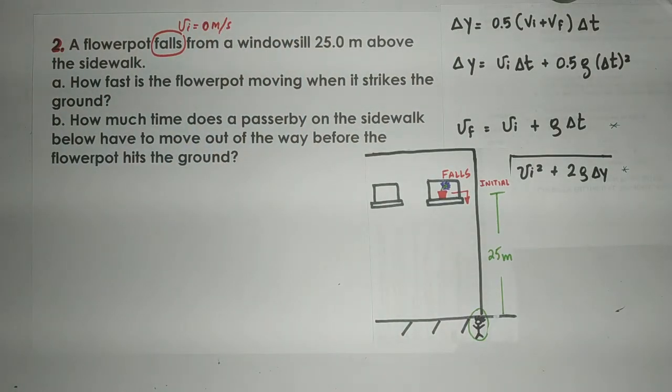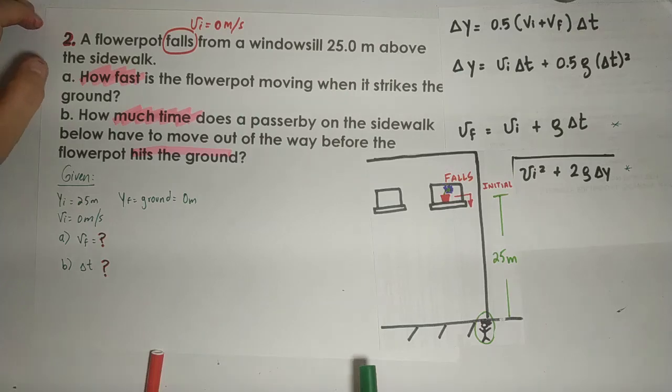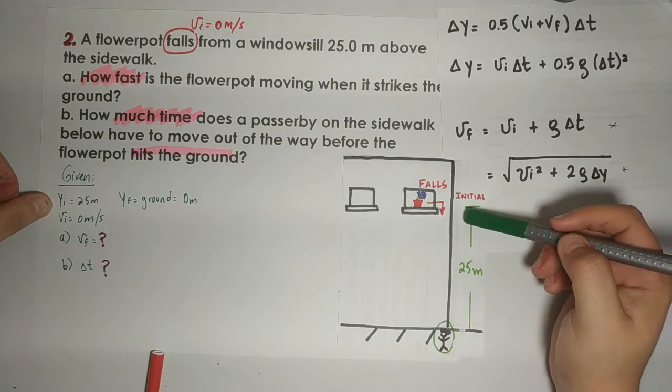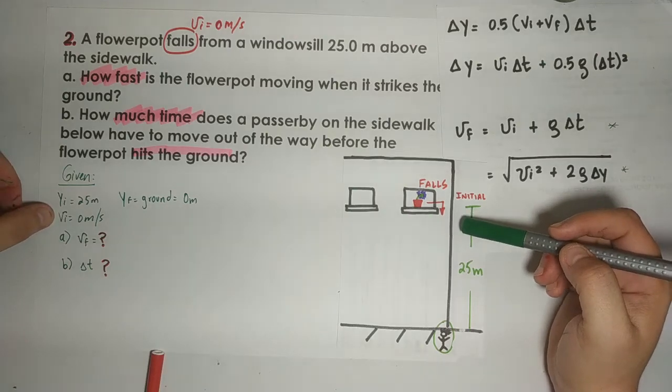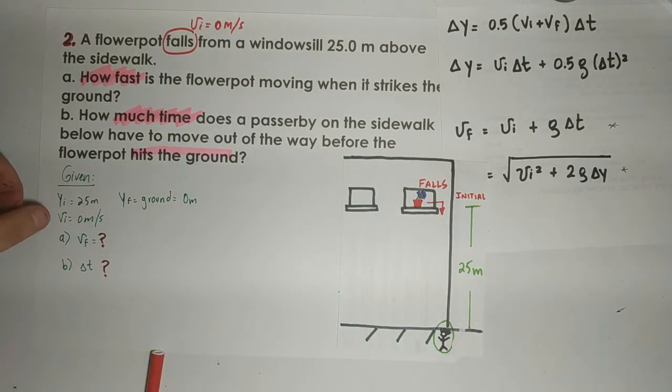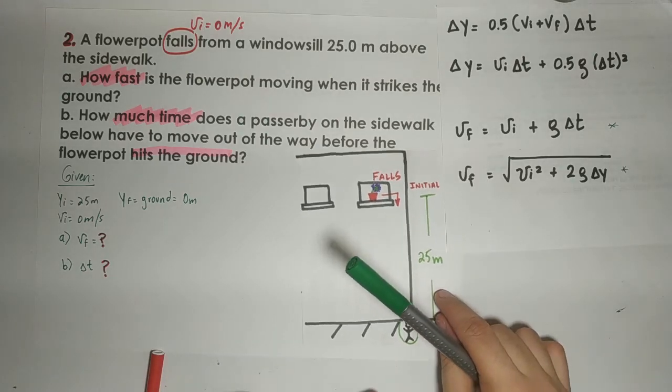Now let's highlight the givens, and I'm going to write them on the page. Okay, so we have the initial position of the flower pot to be 25 meters above the ground. Initial velocity to be 0, because it says falls, so that means the initial velocity is 0. Now my final position is right on the ground, on the sidewalk. Remember the exercise that we did before.